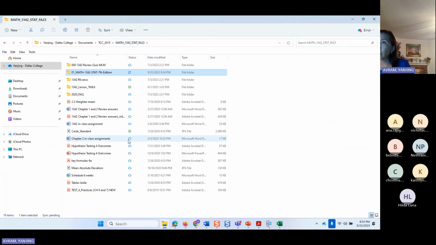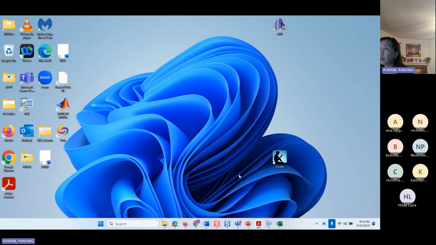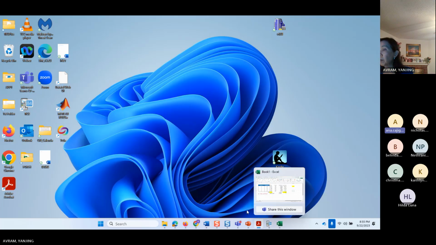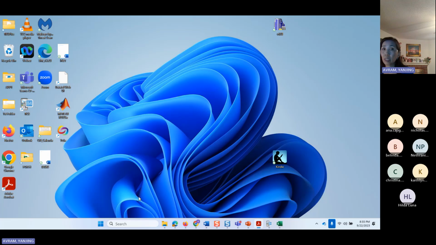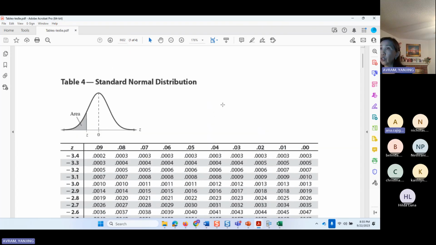I think I also posted this table on Canvas, and you can find it on your step as well. Okay, so first, before you read this, you have to know this is called a key, or the legend in here, right?